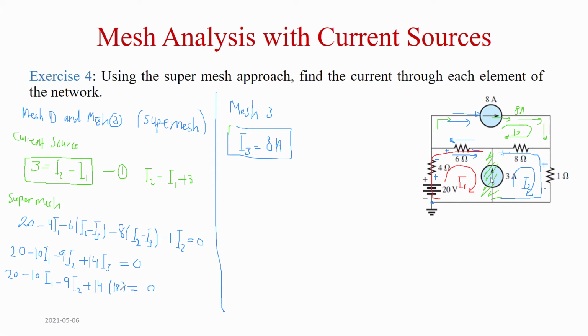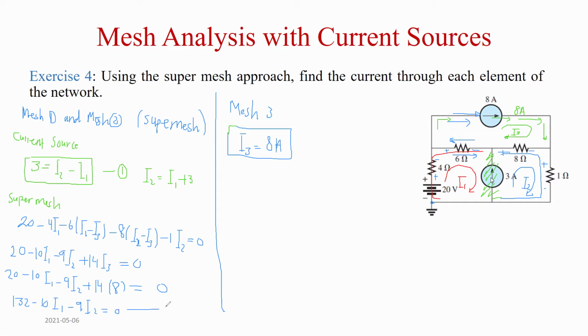So I can simplify. Why did I write 18? Equal to 0. So 8 times 14, 8 times 10 is 80. So it's 112, 132. So this equals 132 minus 10I1 minus 9I2 equal to 0.